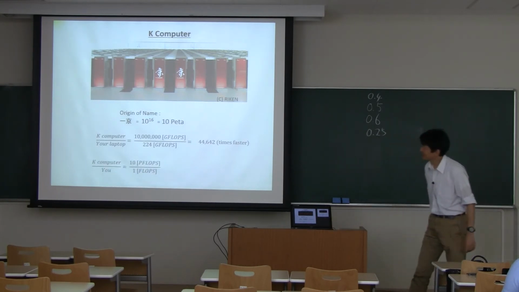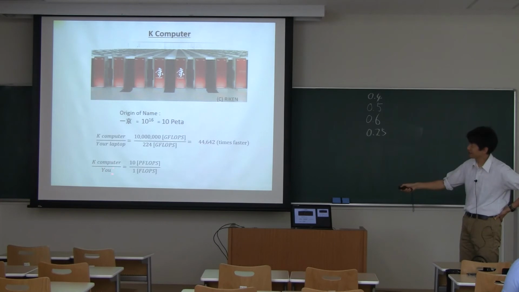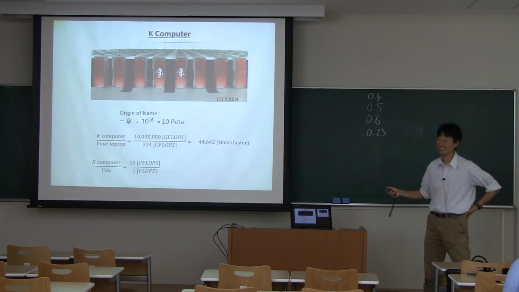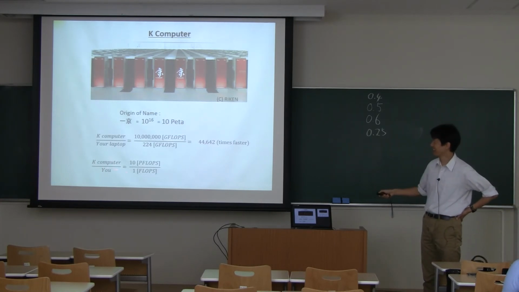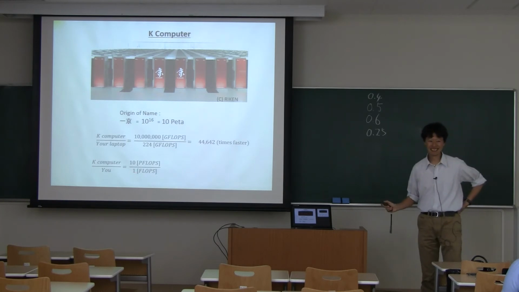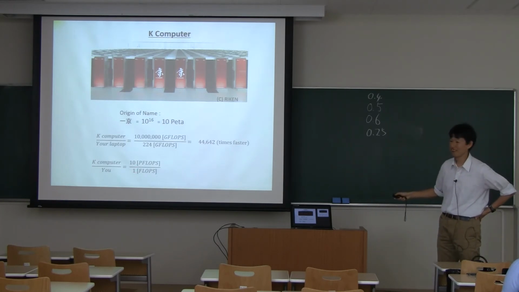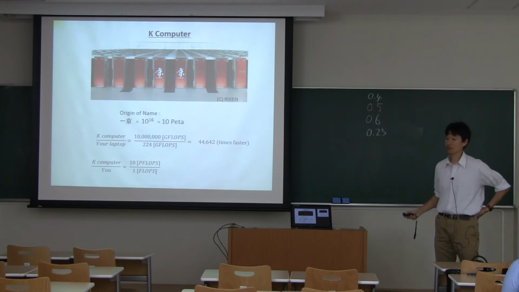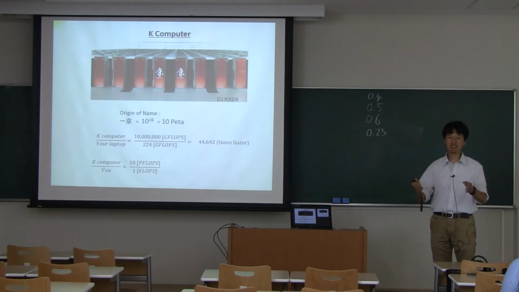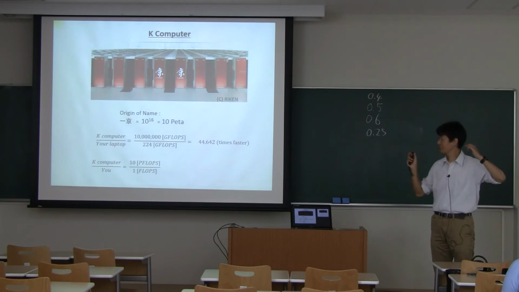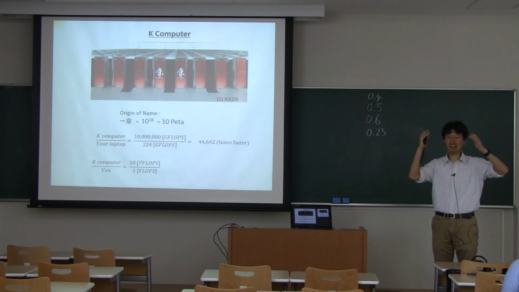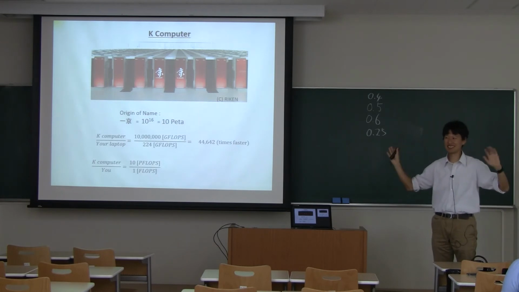And next, please compare. You have 1 flops. Okay, the computer has 10 petaflops. Of course, 10 petaflops times faster than you. But 10 petaflops, 10 peta, how big is 10 peta, how fast? Can you imagine?